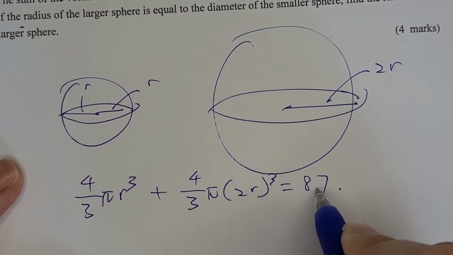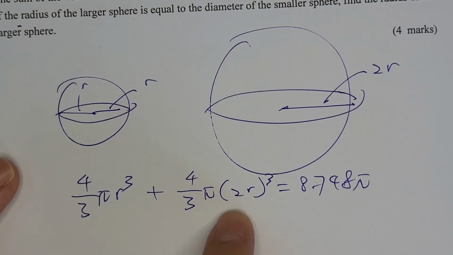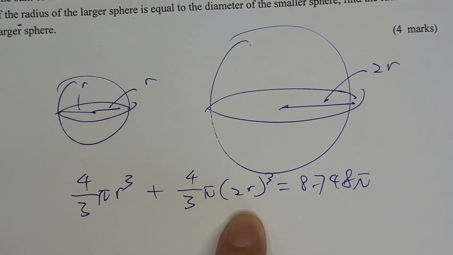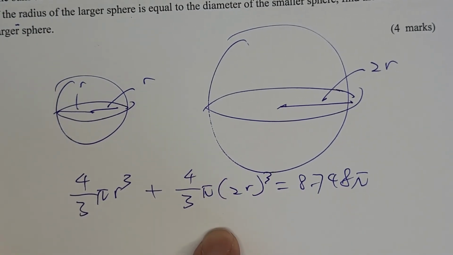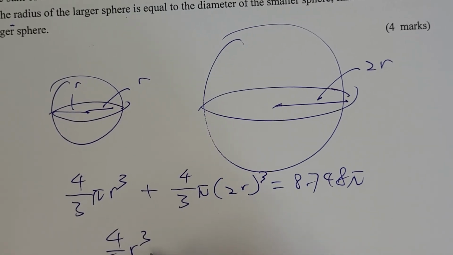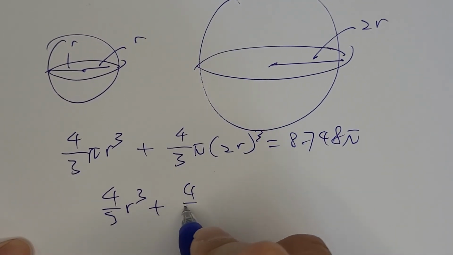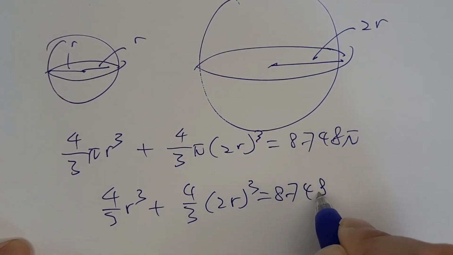will be 8748 pi. The key point is you need to know how to simplify this one. Since you can see that both of the terms will have 4 over 3 times pi, and you can see there's a pi here also, therefore we can do it this way: 4 over 3 times r cubed plus 4 over 3 times 2r bracket cubed equals 8748.